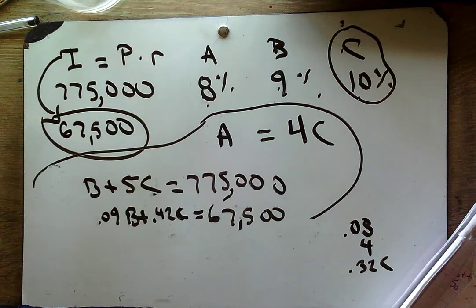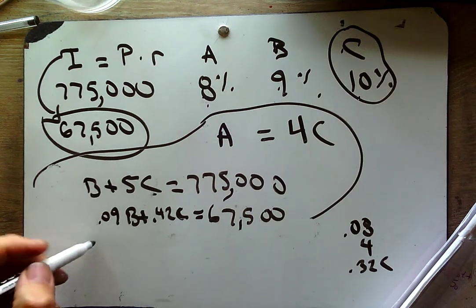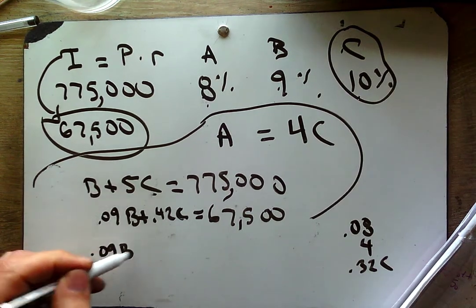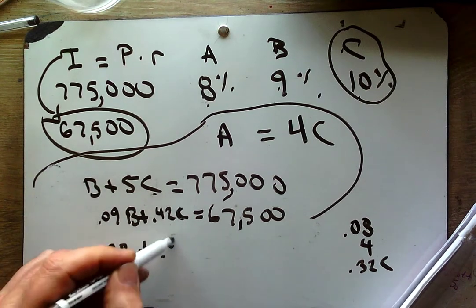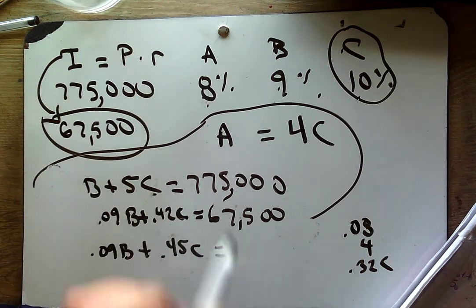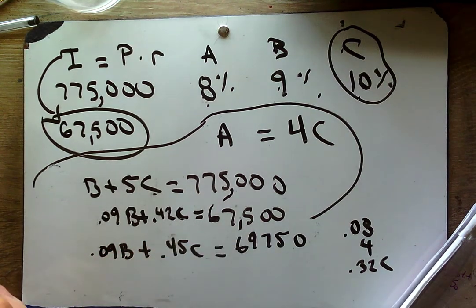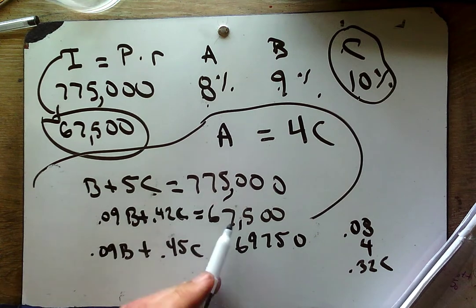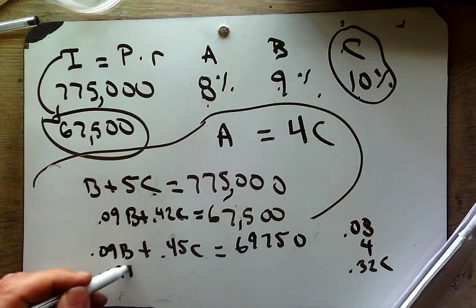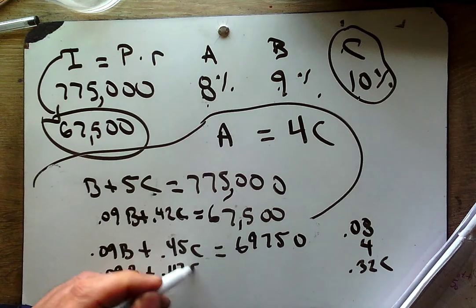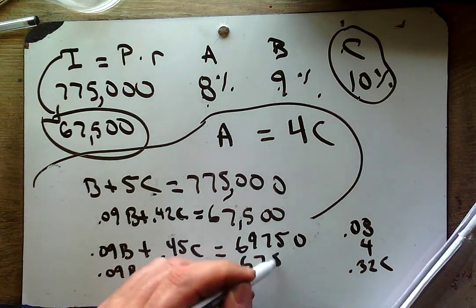So 0.09 times 5 is going to be 0.45C, and 0.09 times $775,000 is going to be 69,750. Okay, 0.09B plus 0.42C equals 67,500.